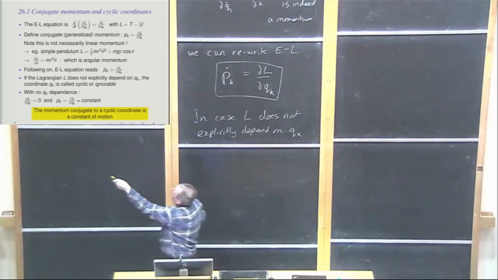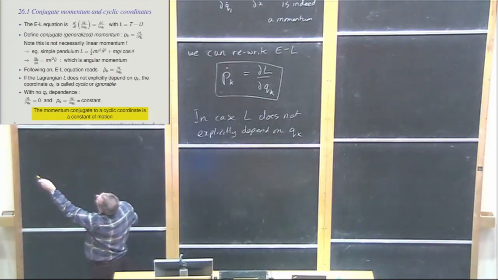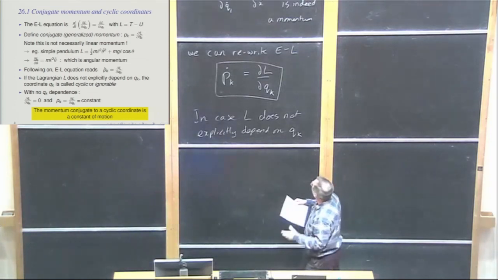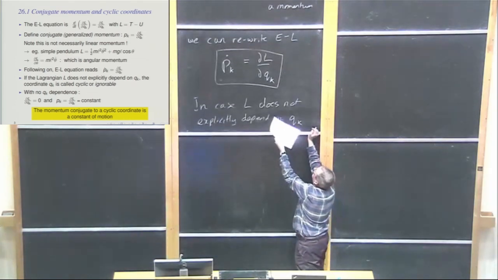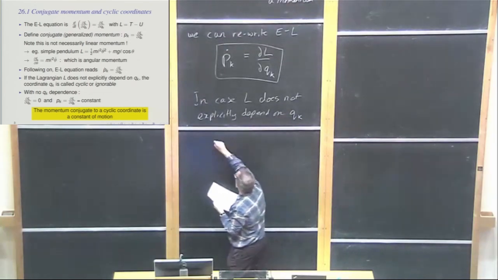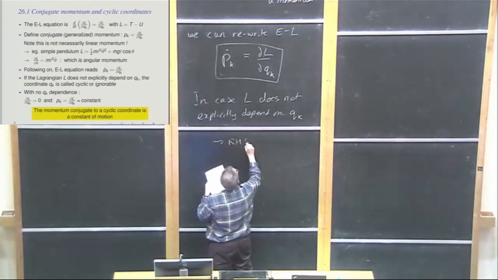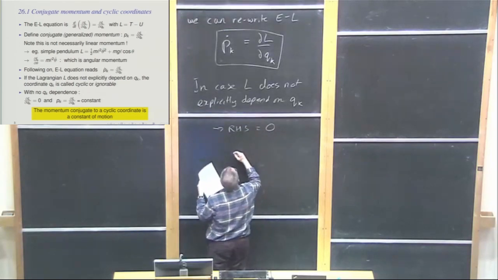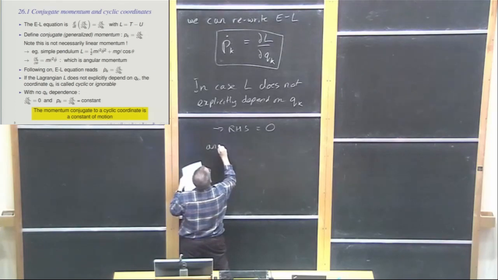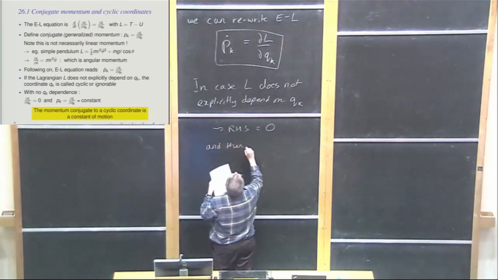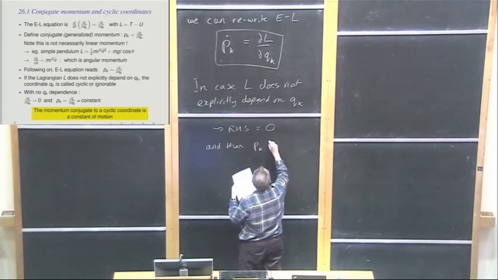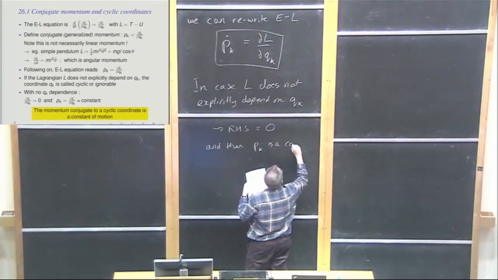This is not the case here because this Lagrangian does involve theta, so this is not such an example, but we will see examples. In this case, the right-hand side would be 0, and then we deduce that p_k itself is a conserved quantity.